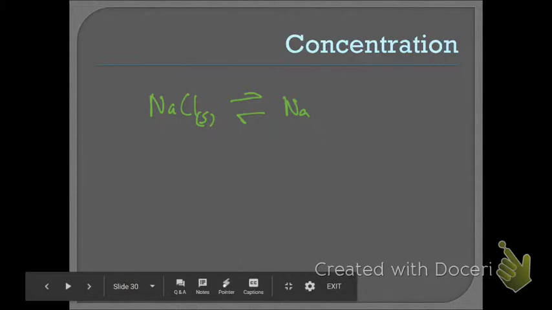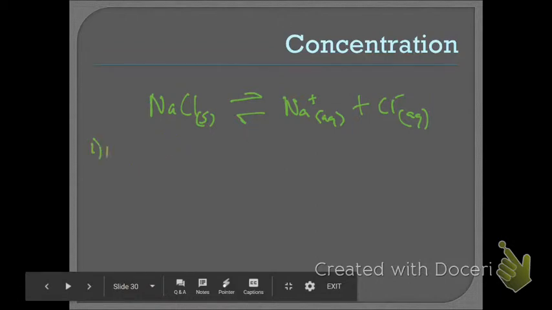Na plus aqueous, and then Cl minus aqueous. Okay. So let's just say I increased, like I added. Well, let's just do it this way.